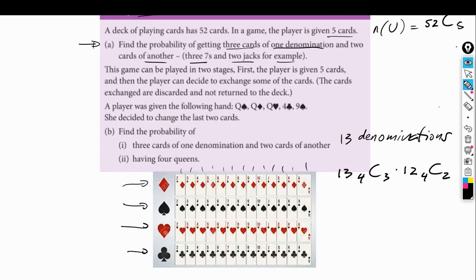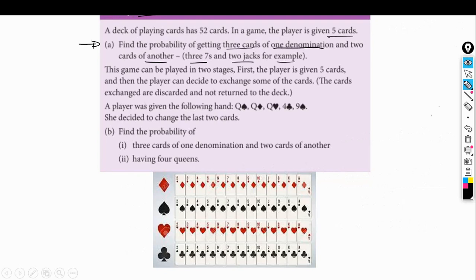So the probability of event A is going to equal all of this divided by the sample space, which is picking 5 cards out of the 52. If we do the math here, this gives us a very slight chance of 0.000144.